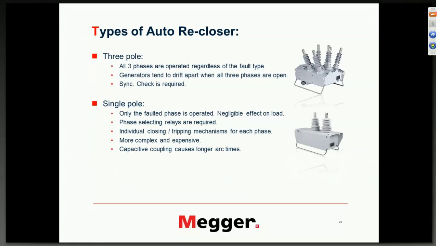I hope by this time you understood the basics of how the auto reclosure works. If you have any questions regarding that, send me or just type it in there, and we'll know if I still need to go back to the same slides and explain how it works.